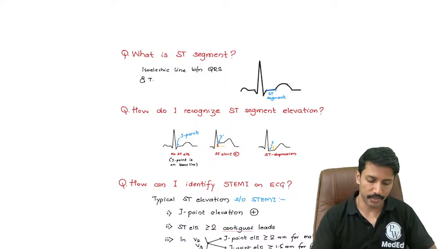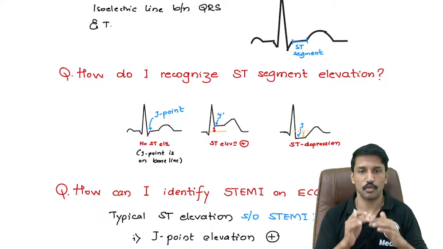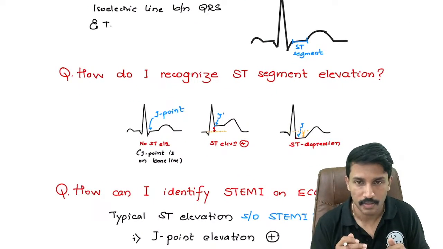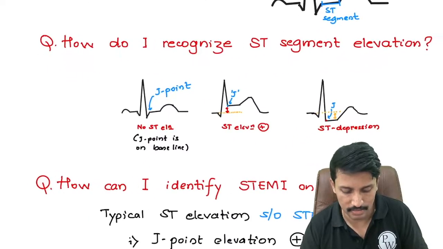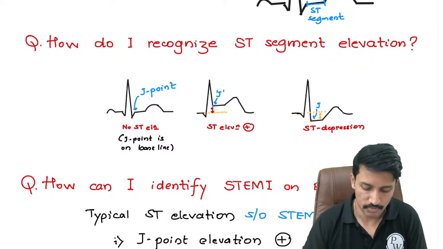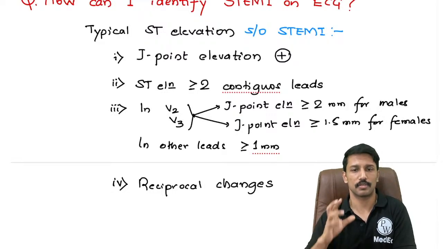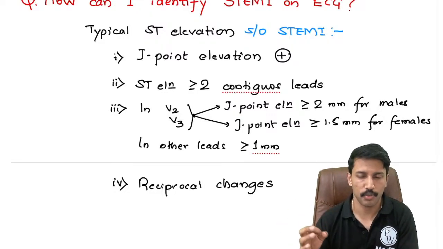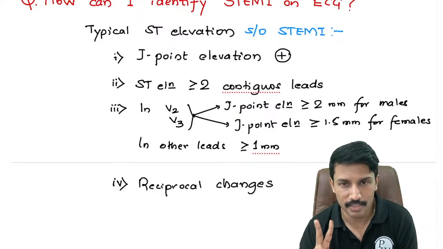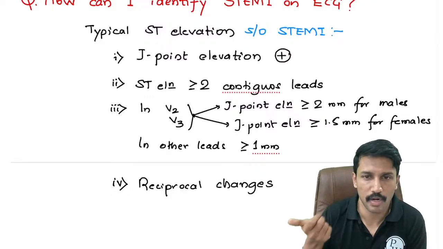So this is how we recognize ST elevation going methodically, first recognizing the J point, whether the J point in comparison to PR segment is elevated or not. We will be able to recognize the true ST elevation. And once we have recognized, we have to see whether this ST elevation fits the basic rules to call it typical ST elevation. J point elevation, ST elevation in at least 2 leads representing the same part of the heart.